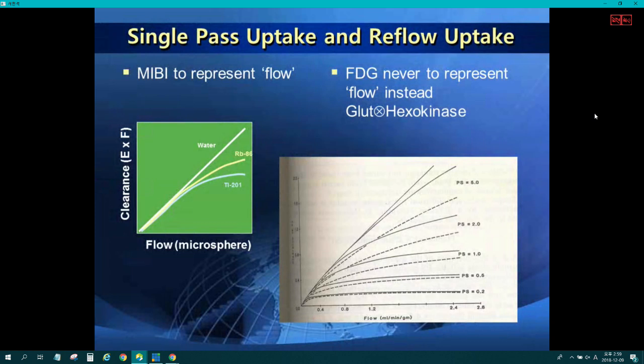At that time, I found that water is not like that. However, water is the standard, and then rubidium is like that, and thallium is like that, MIBI is like that. So it means that the water molecule is passing by, and one rubidium molecule is passing from the artery to the vein, whether it is taken up by the myocyte or not.